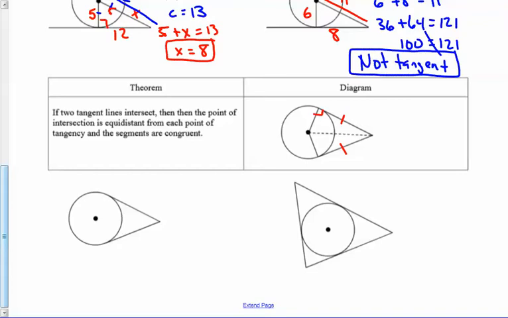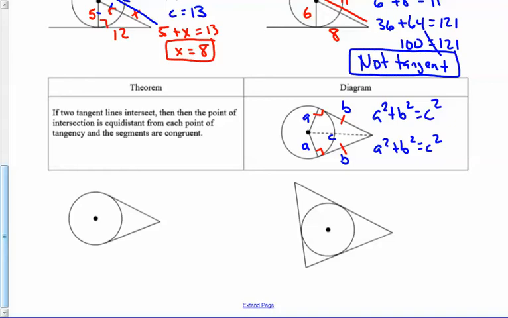And now we kind of understand why, because those are right angles, so that means that A squared plus B squared has to equal C squared, and A squared plus B squared has to equal C squared. So again, we get right triangles is another way to prove that two tangent lines will be congruent to each other.